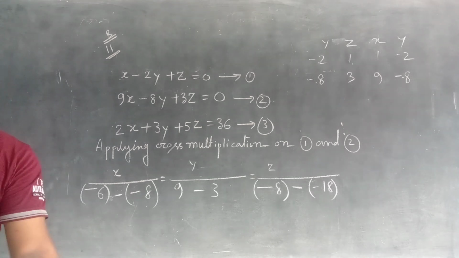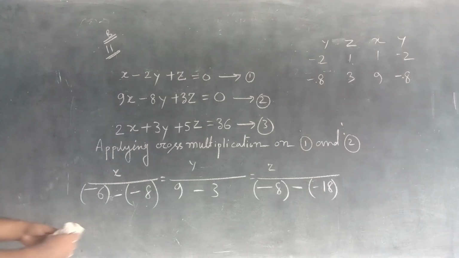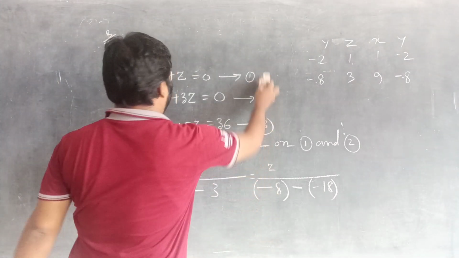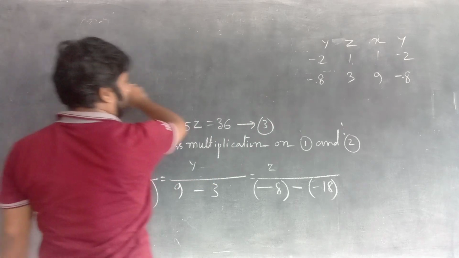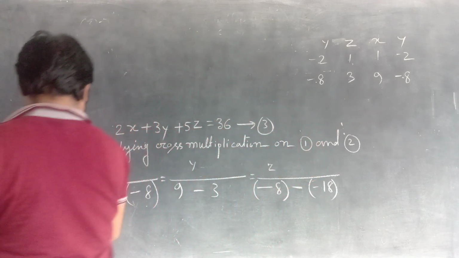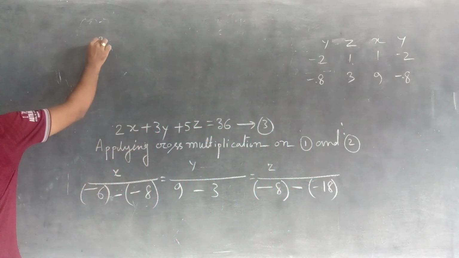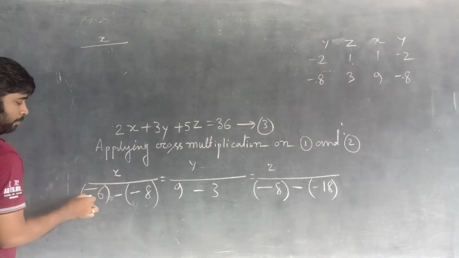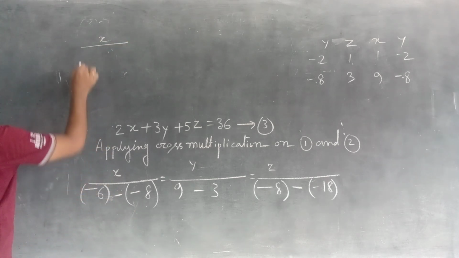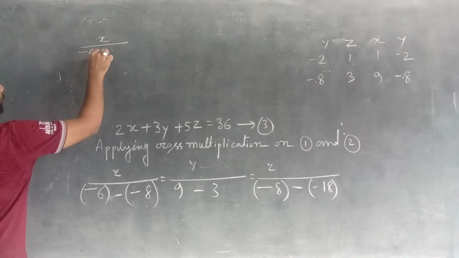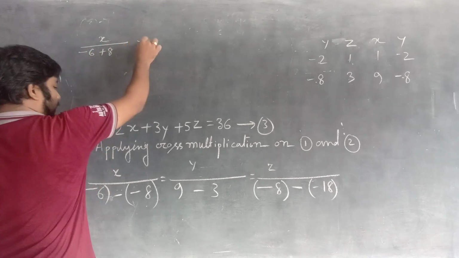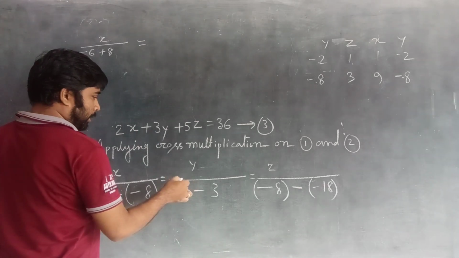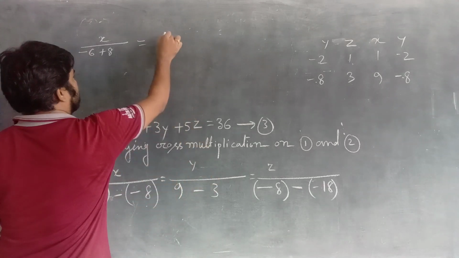Clear? We need equation 3, that's why I am keeping it. Other things I am rubbing. So this is x by minus 6 plus 8. Then it is y by 9 minus 6.